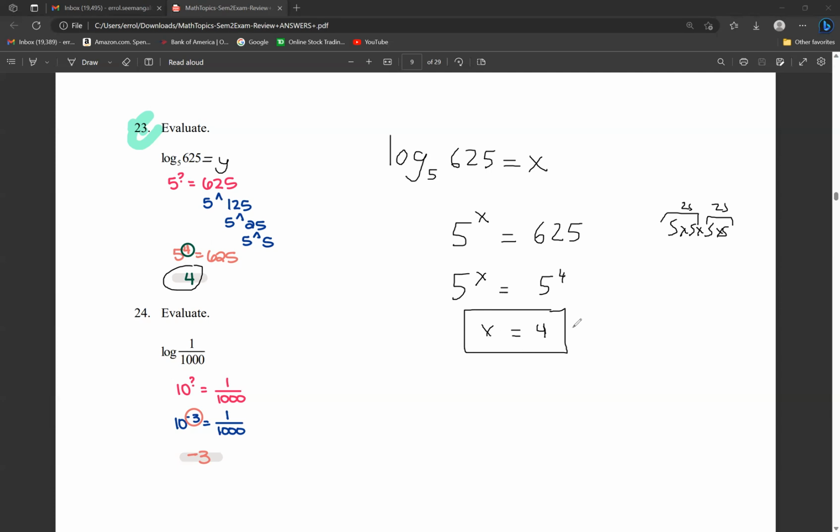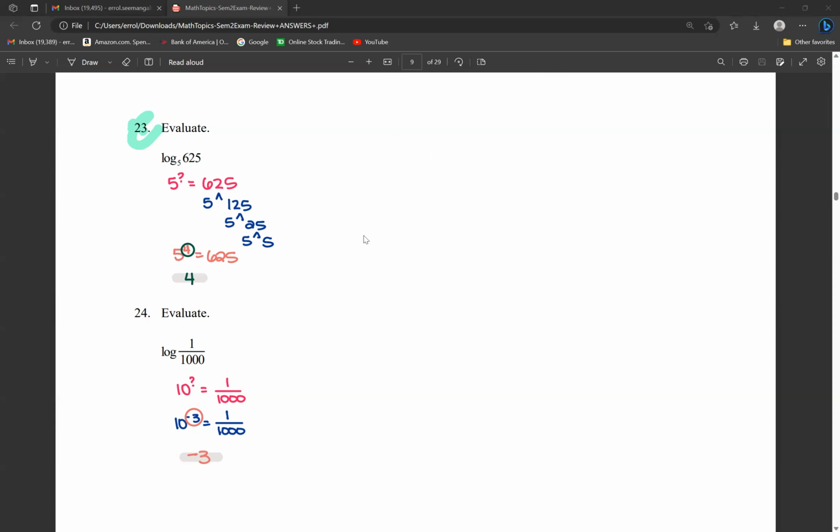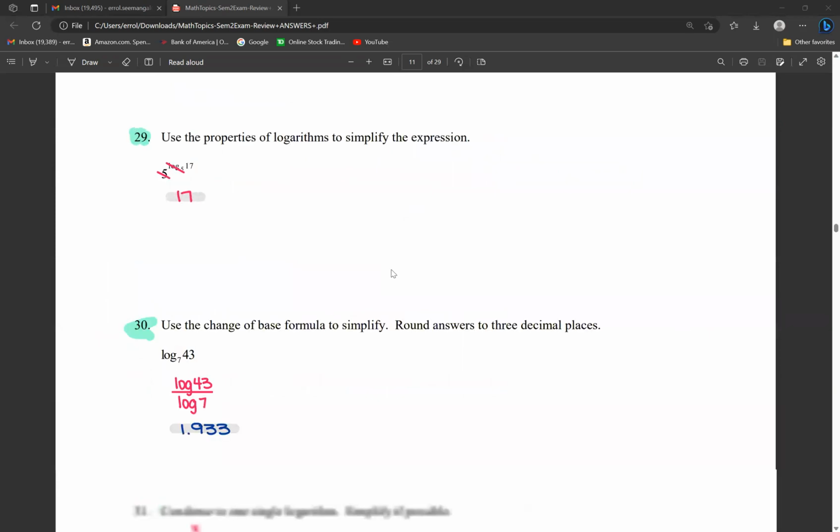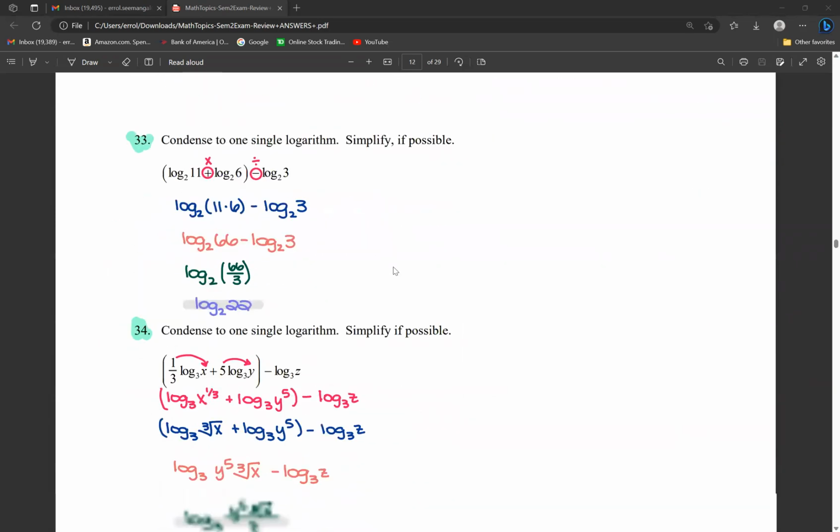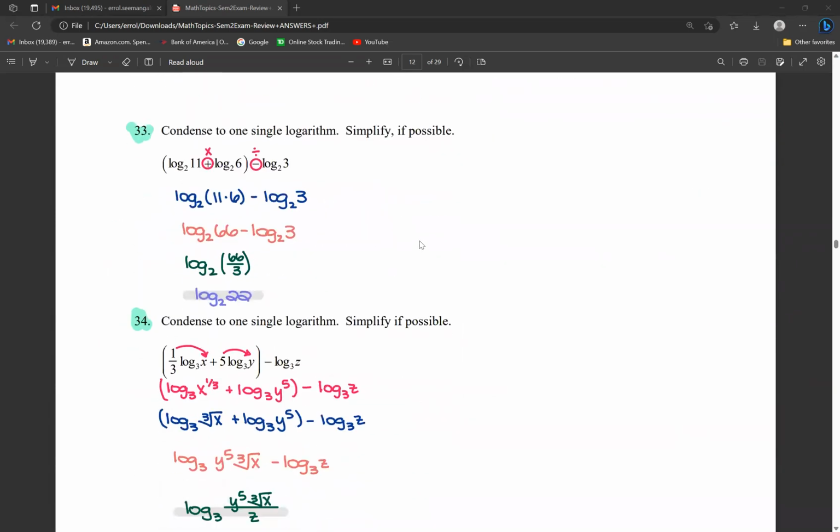33. Condense to one single log. Simplify if possible. So see how she wrote the plus as multiplication and the subtraction as division.